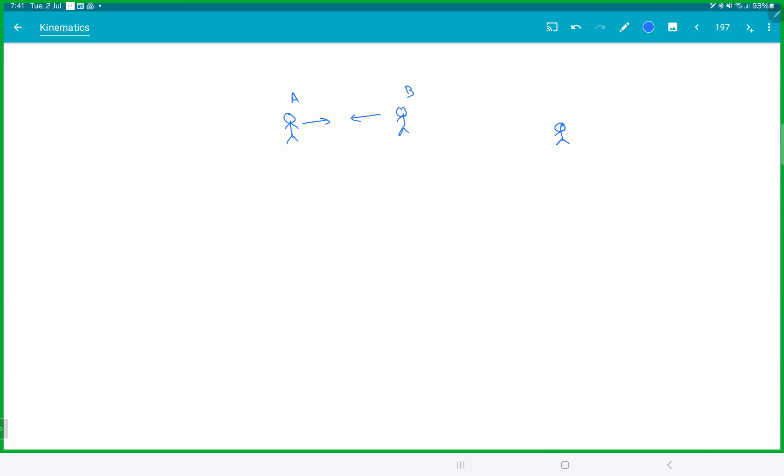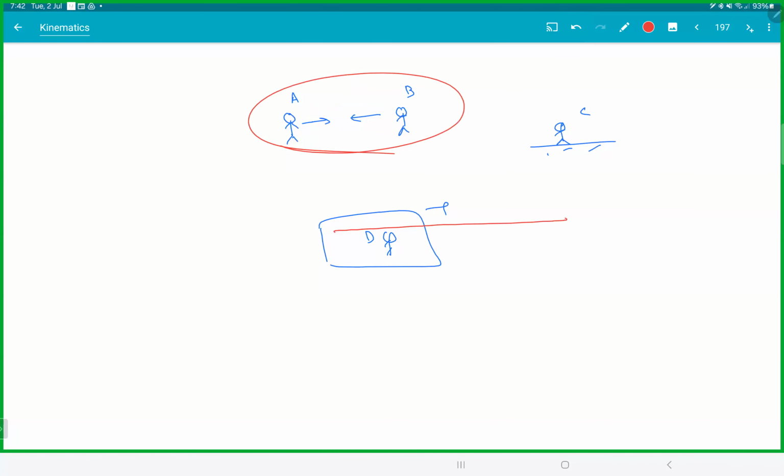There is a person C on the platform watching you both, and I'm going in a train and I'm watching both of you. Now, if you both meet in 10 seconds, do you think C and I will see different times? The time taken for A and B to meet will not change because I am moving, isn't it? Logically, if I am running, why would the time between you both change?